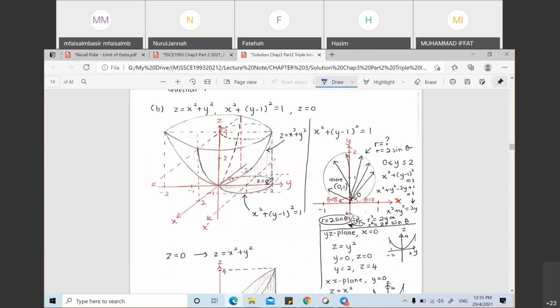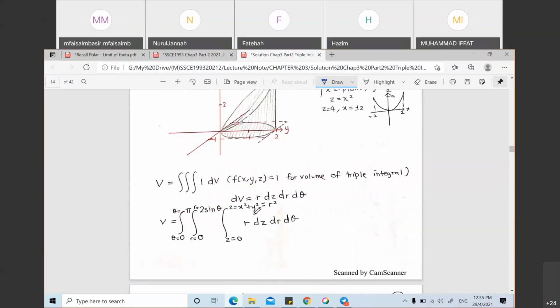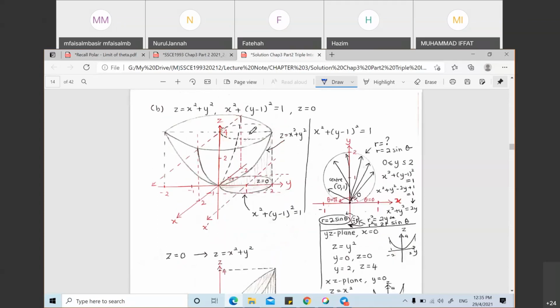So your z will be from 0 to x squared plus y squared, which is r squared. Your r will start from here to here. So that is why you have to solve this. You can get r, which is 2 sin theta.